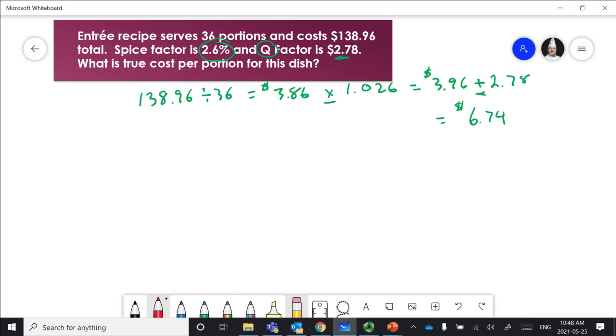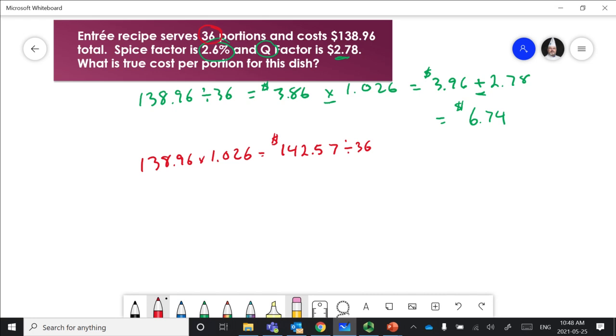So if we did it the other way, and we did 138.96 times 1.026, we would get a total recipe cost spice factor adjusted of $142.57. And then we still need to divide by our 36 portions before we can add our Q factor, because this $142.57 is accounting for 36 portions.